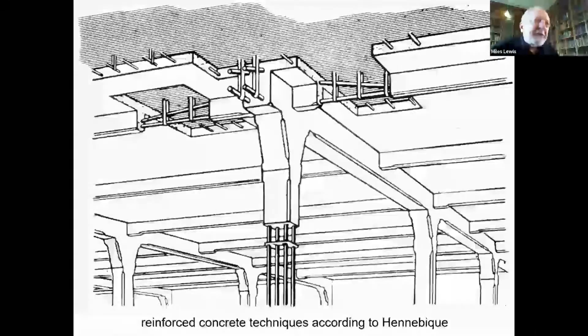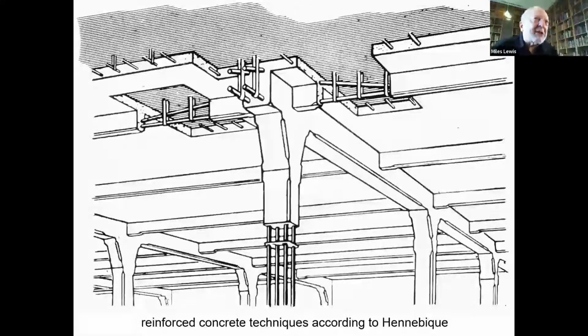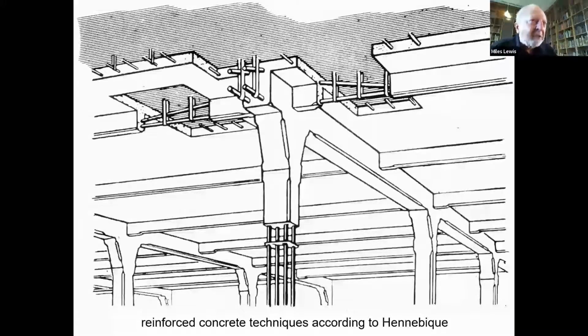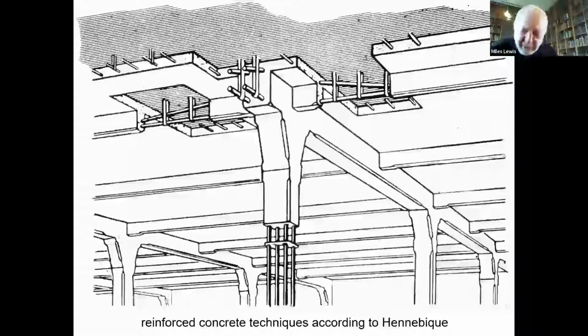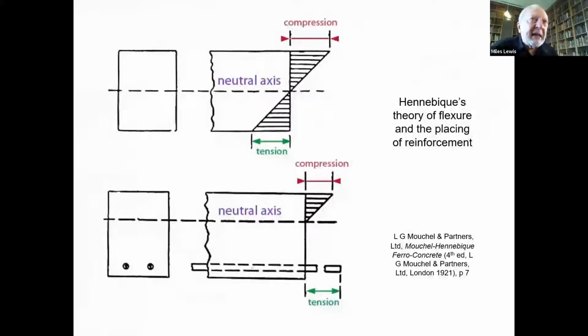From a practical point of view, for the historian, often it's easier to tell these systems by looking at the external appearance of them, because the Ennebeek system often has these rather steep haunches, the tapering part below the beam, with chamfer stops, that chamfered off corner. So often looking at a structure, the first thing that tells you it's an Ennebeek system is looking at those visual details rather than being able to look at the reinforcement inside. But the Ennebeek's analysis is even more sophisticated than Monnier's, because the neutral axis is now taken to vary in height. You see in the bottom diagram.